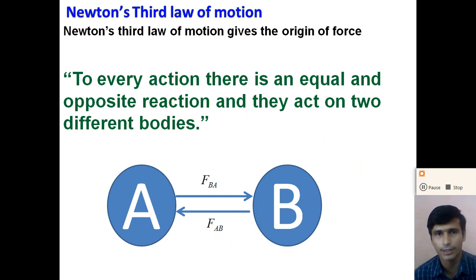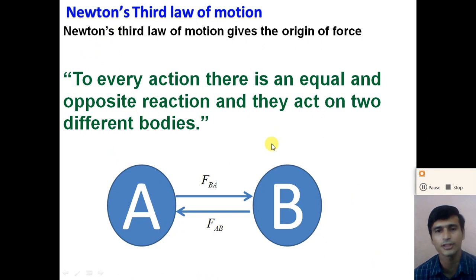According to Newton's third law of motion, action and reaction forces are always equal and in opposite directions. So the force exerted on object A due to object B is the same as the force acting on object B due to object A, but both forces are in opposite directions and both forces are acting on two different bodies, right? So dear student, understand Newton's third law of motion.